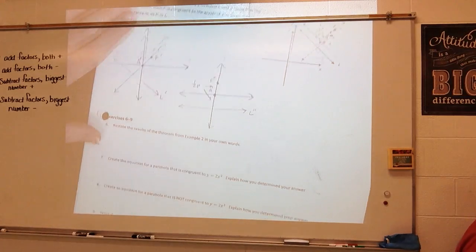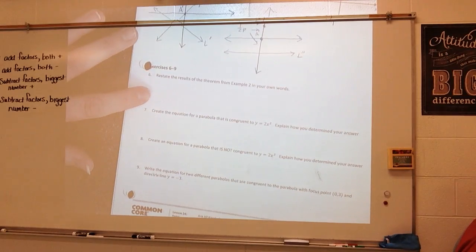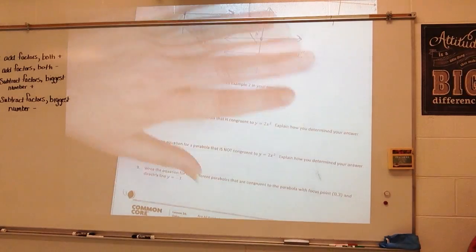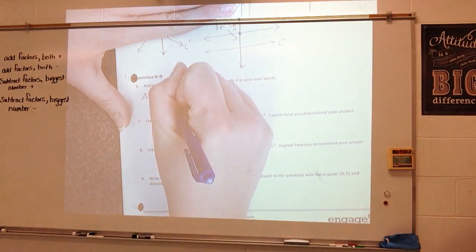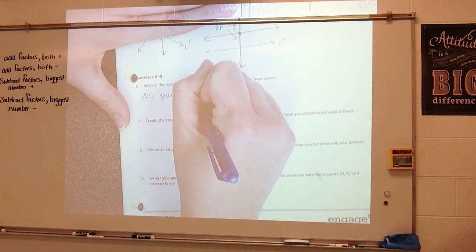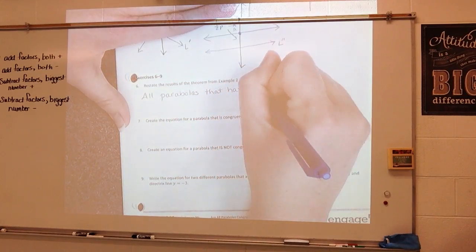All right, so let's look at exercises 6 through 9. Restate the results of the theorem in example 2 in your own words. In other words, the only thing you're going to have to say here is all parabolas that have the same distance between the focus point and the directrix are congruent.